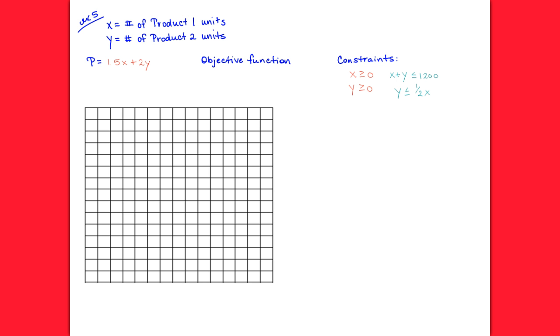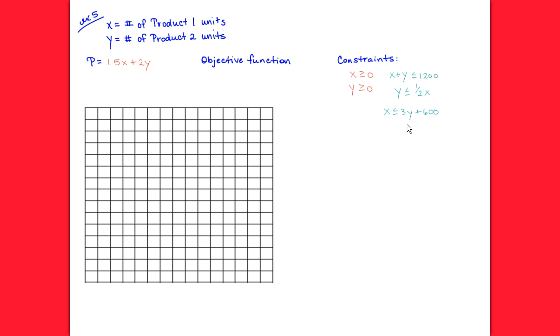All right, number 3. The production level of product 1, x, is less than or equal to 600 plus 3 times the production level of product 2. 3y. Good. So we could say the production level of product 1, x, is less than or equal to 600 plus 3 times the production level for product 2.